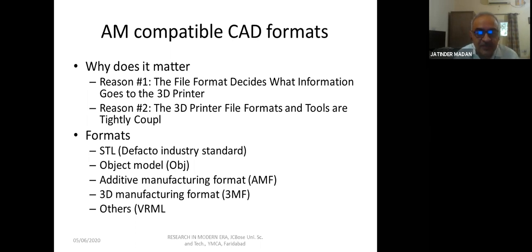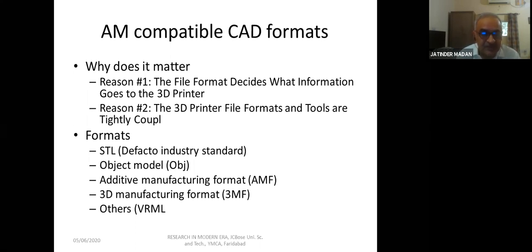Reason two, the 3D printer file formats and tools are tightly coupled. Okay, so the 3D printer file format that you create and generate, and the tools, they have high connectivity. So this is required. So AM compatible CAD format is very important. So these are the formats.